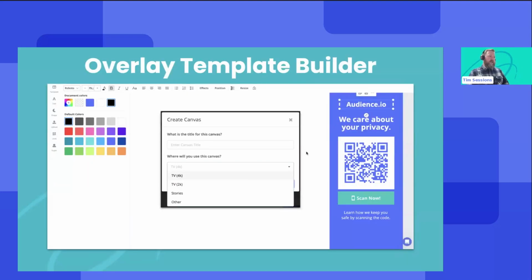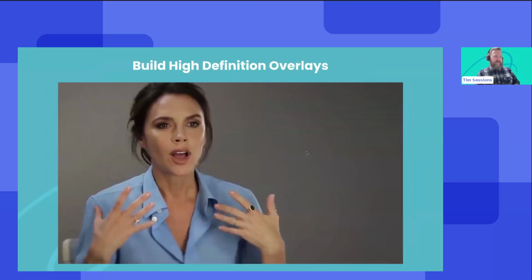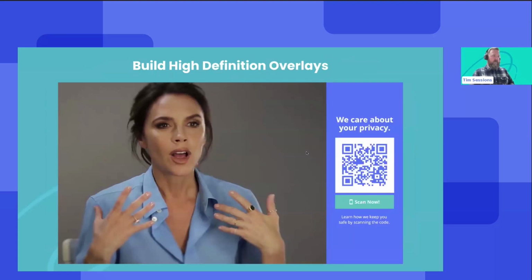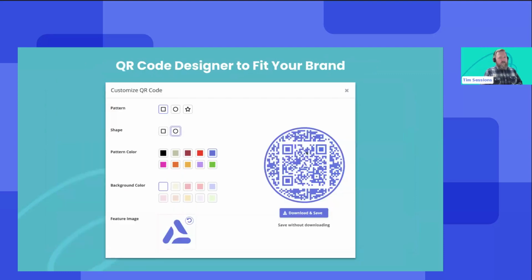Jumping back to that real quick, you can export it as a PNG file, and it can be various formats and pop right up on that screen there. Also, you may have noticed when you entered the QR code to our giveaway today that it had some customization features. You do get a QR code designer to fit your brand.